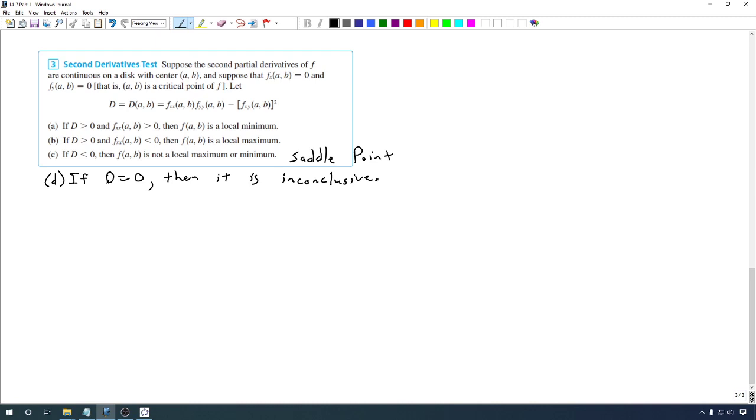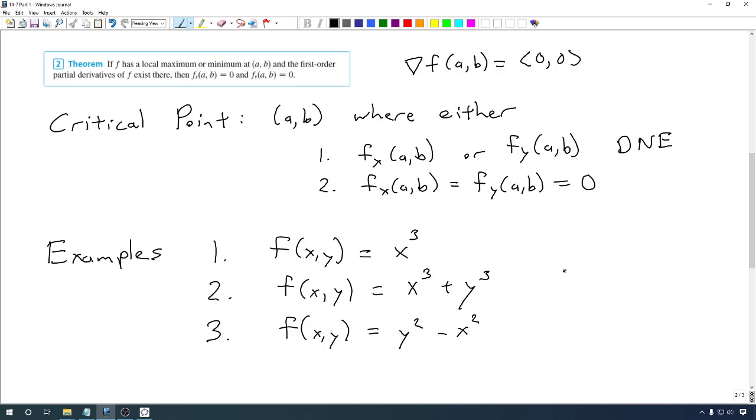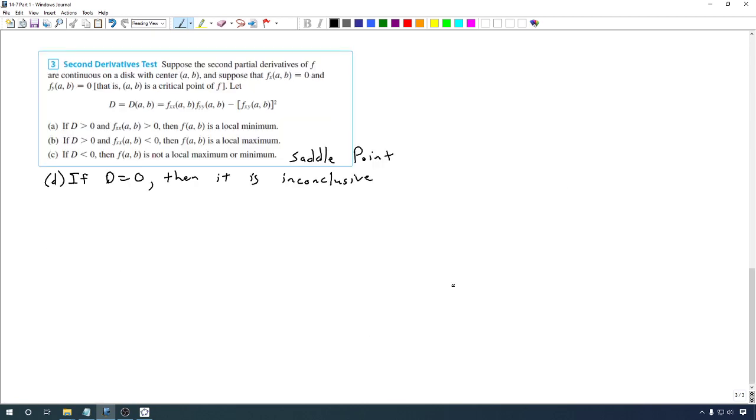This would actually be the case in both of the examples that we looked at before. The first and second example, x cubed and x cubed plus y cubed, both of those are going to have 0 for this D when we actually look at the second derivatives.